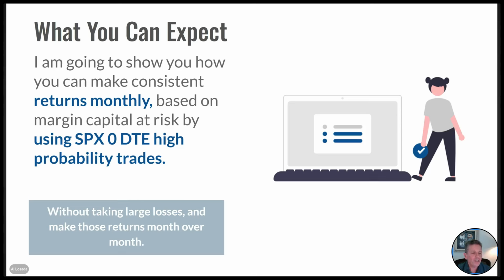These are high probability trades because the positions that you put on don't have to be perfect, and they don't have to go up or down. It's just based on a range, and we're going to talk a lot about that. So let's get going here.